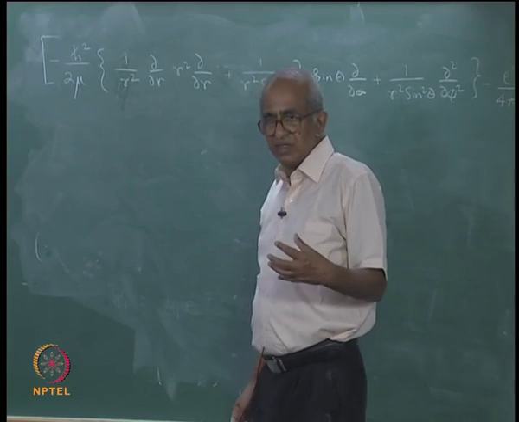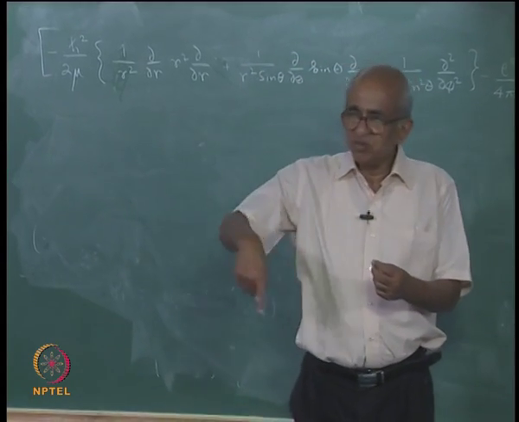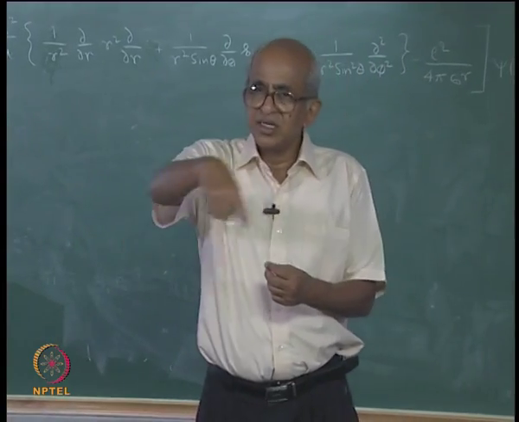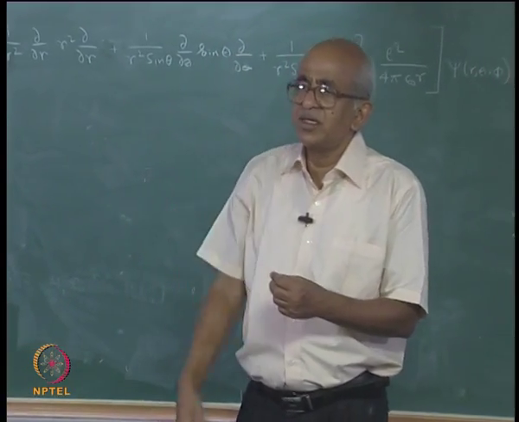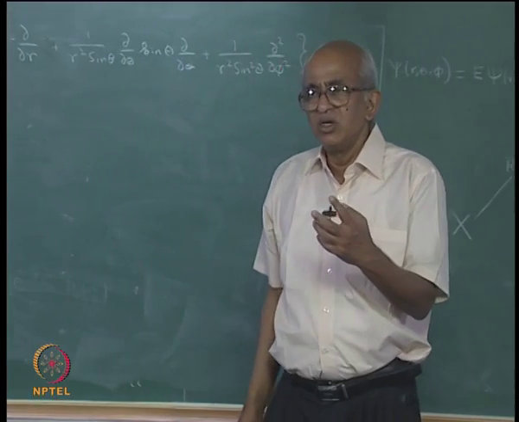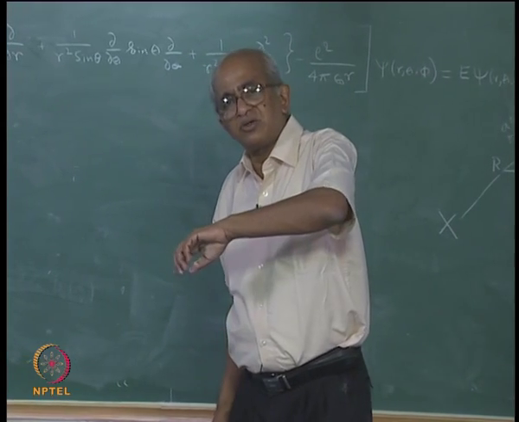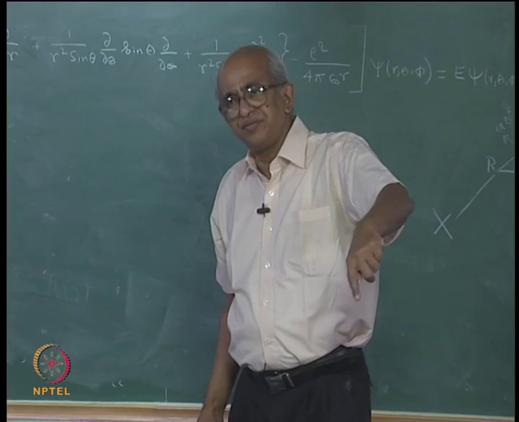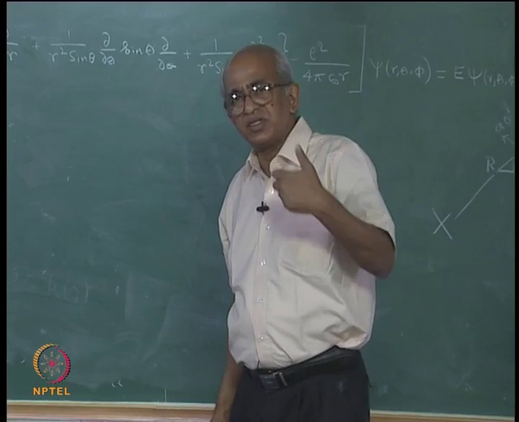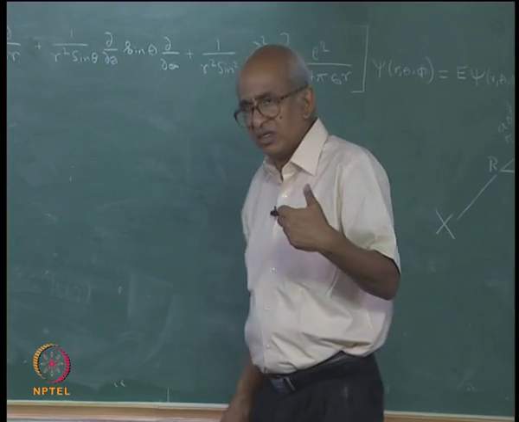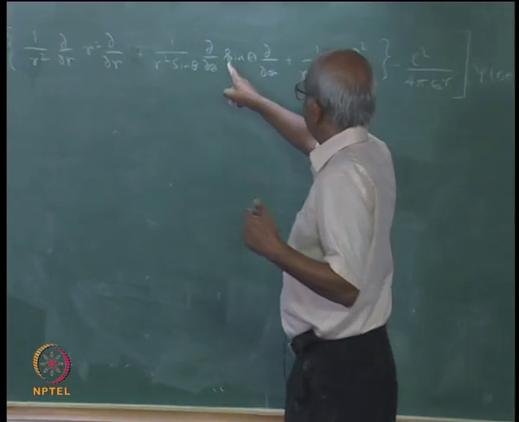radial motion. But then of course, the electron is not moving radially alone, it is moving in other directions also. So, if it is moving in the other directions, what is going to happen? You will have kinetic energy associated with theta motion as well as with phi motion. So, these are those kinetic energies.